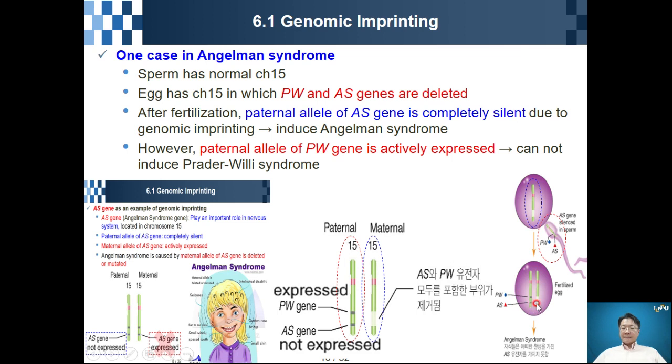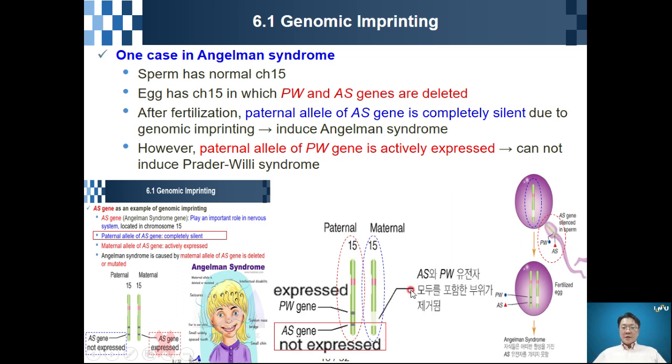So after fertilization, the paternal allele of the AS gene is completely silent due to genomic imprinting. So the AS gene cannot be expressed. So in this case, it will induce Angelman syndrome.